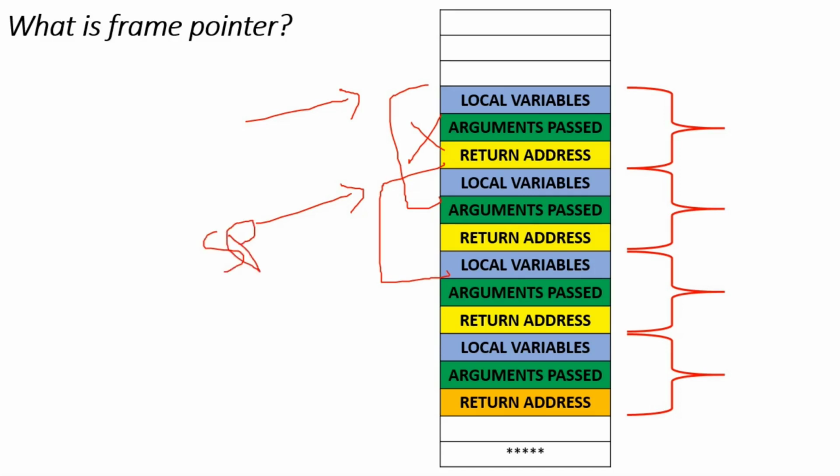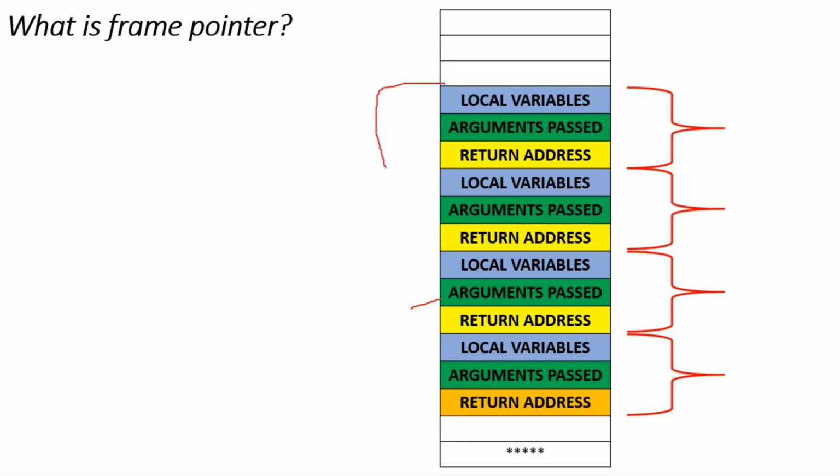Using the stack pointer we can access every frame, right? We can push a new stack frame or we can pop out a currently pushed stack frame from the stack. But suppose I take this particular stack frame here, how do I access the sections inside the stack frame? There are some arguments passed that I have stored, there are some return addresses. Let me consider this particular stack frame.